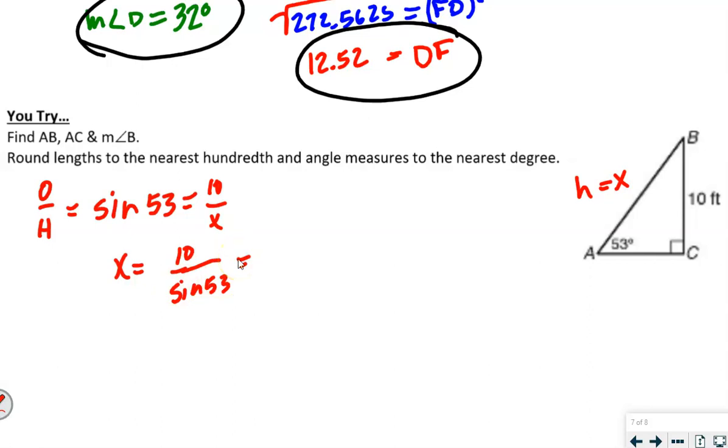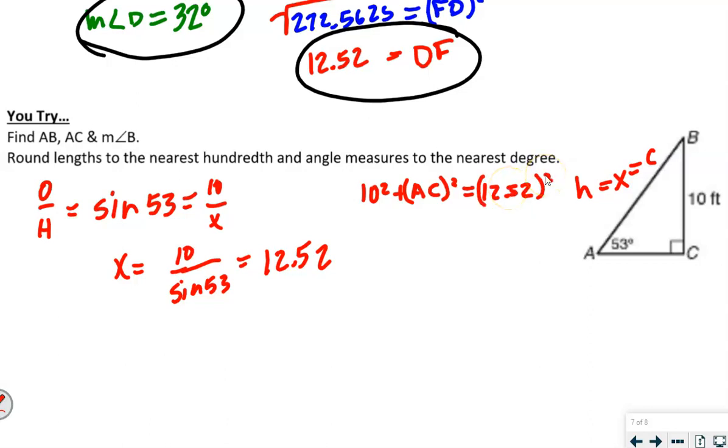And so when I did that for AB, I got 12.52, okay? So now we can do a squared plus b squared equals c squared, right? So remember, this is also our c, right? So we can say 10 squared plus AC squared is equal to the 12.52 squared, right?